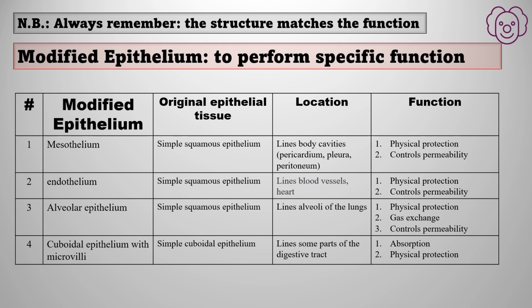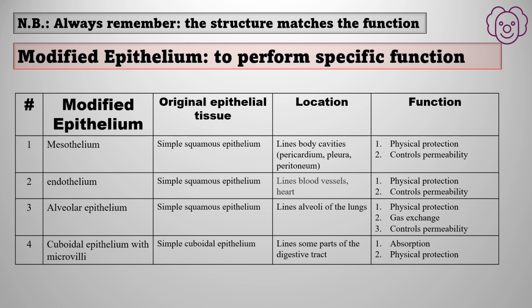So it is specifically found lining the blood vessels and heart. Okay, can we see endothelium in the mouth, covering the mouth, or even covering our skin? No. It is specifically named endothelium because it is found in the circulatory system, specifically in blood vessels and the heart. Also, it is for physical protection and controls permeability.